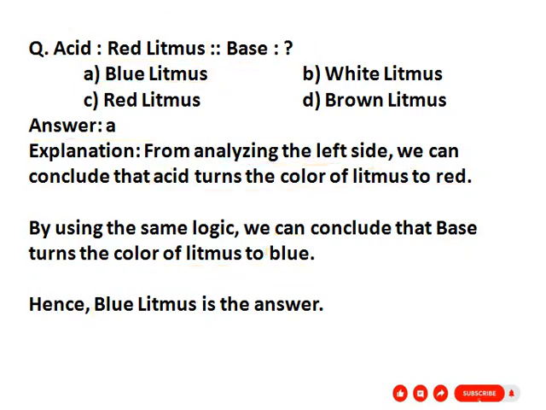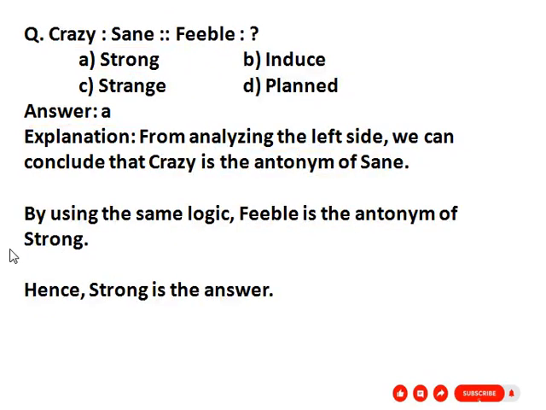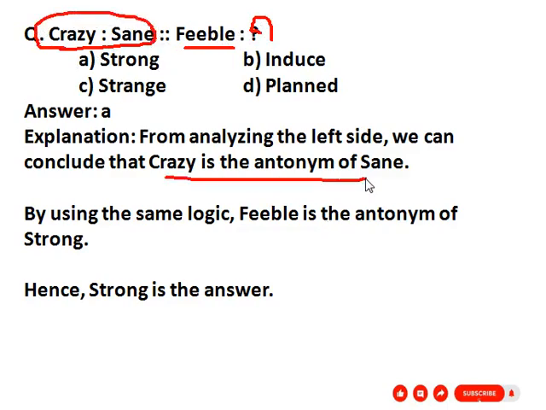Our next question is: crazy : sane :: feeble : ? So what is the relation between the first group, crazy and sane? See here, crazy is the antonym of sane. Crazy is the opposite word of sane.